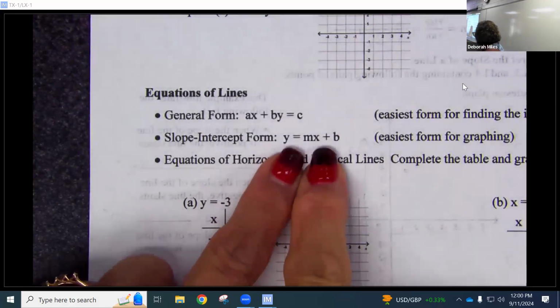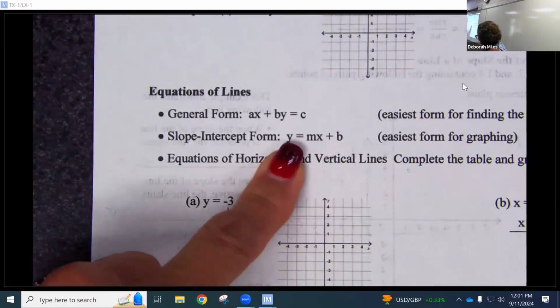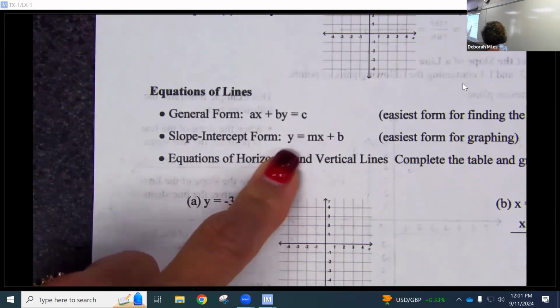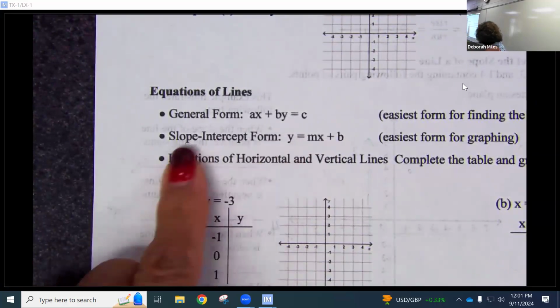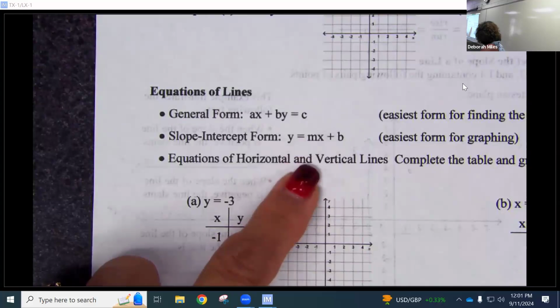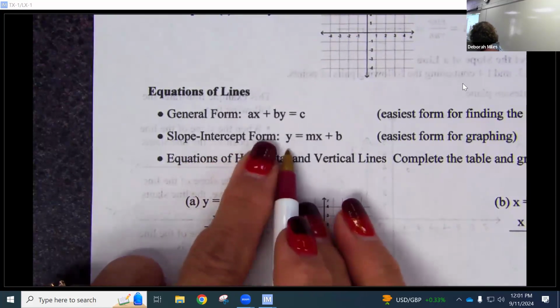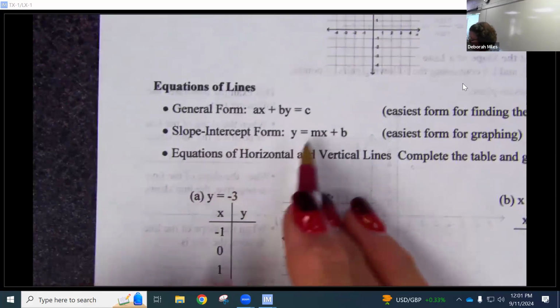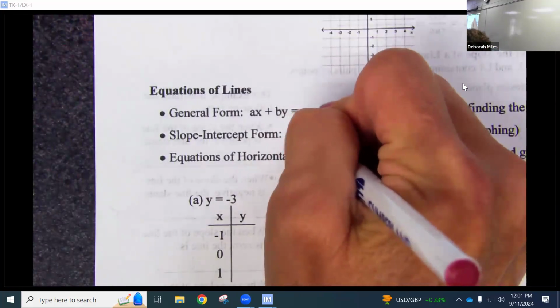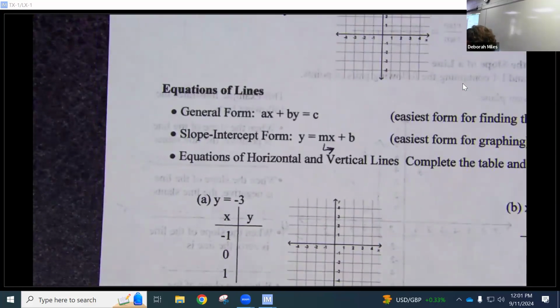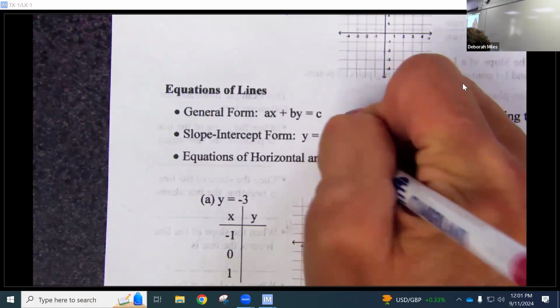Now we're coming to what you said. You recognize that having the y by itself was a special form of an equation. That special form is called slope-intercept form because that's the two things that you can tell just by looking at the equation. If you have a linear equation with the y by itself, the coefficient of x, the number in front of the x, is the slope.